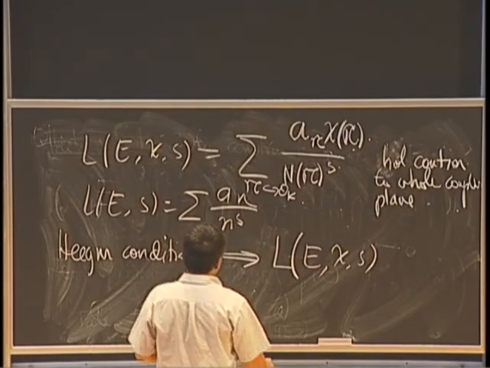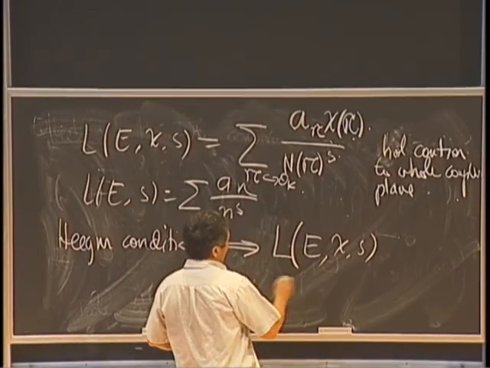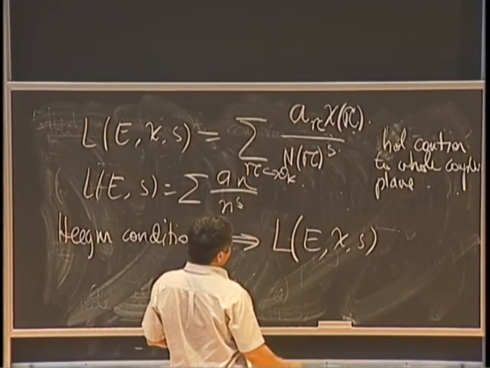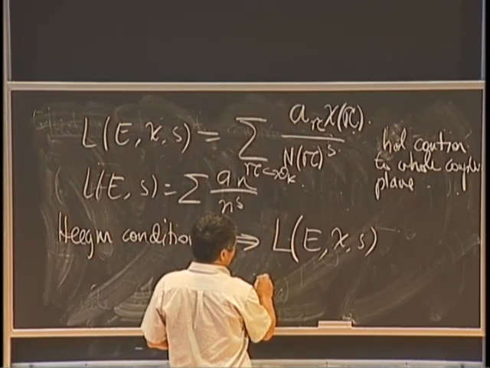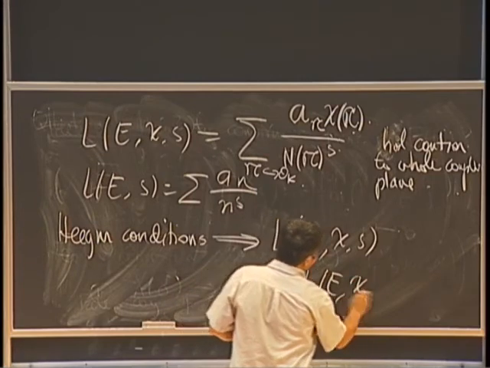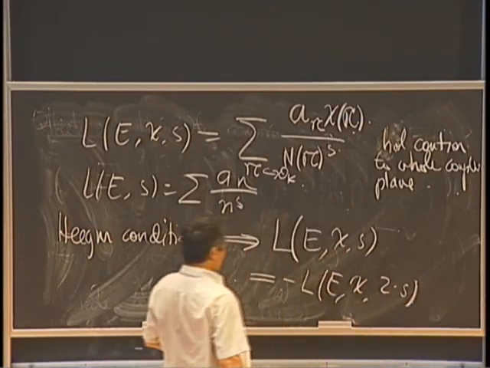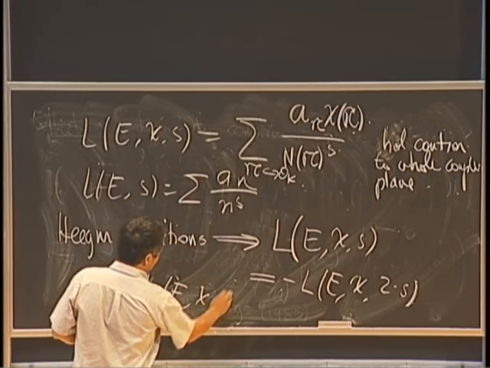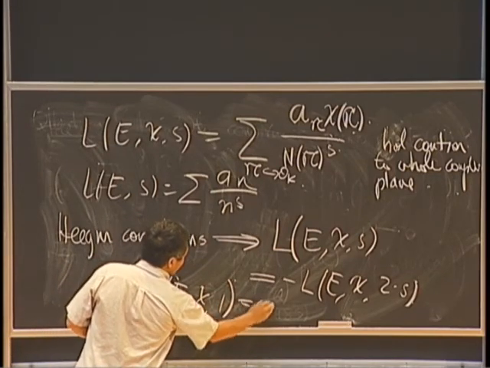The Heegner condition basically implies that this one will have an odd functional equation: if I complete this by some gamma function, then this is almost equal to negative L_E(chi, 2 minus s). So in particular, L_E(chi, 1) equals 0.